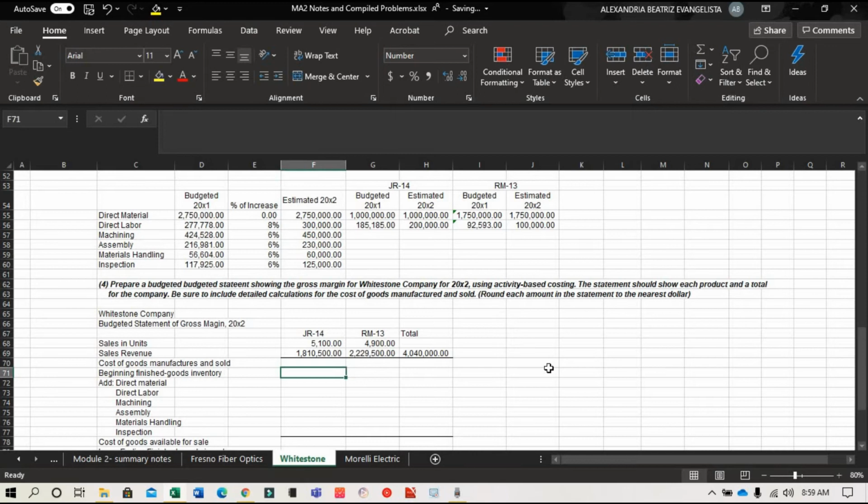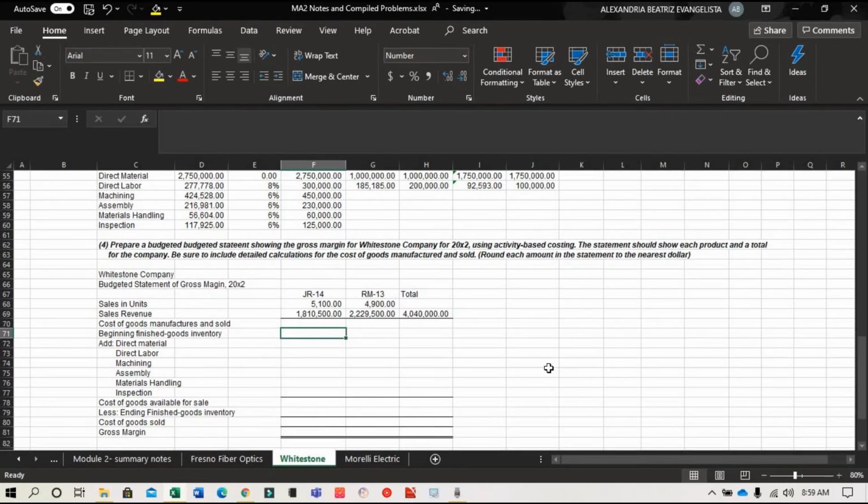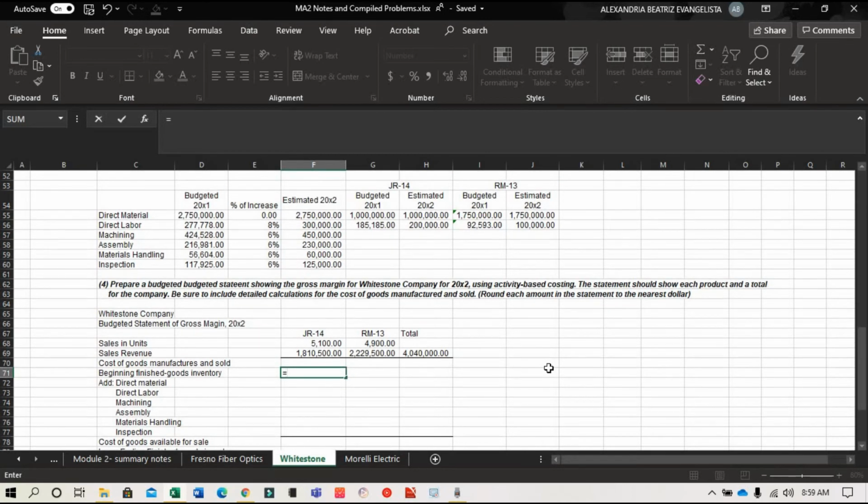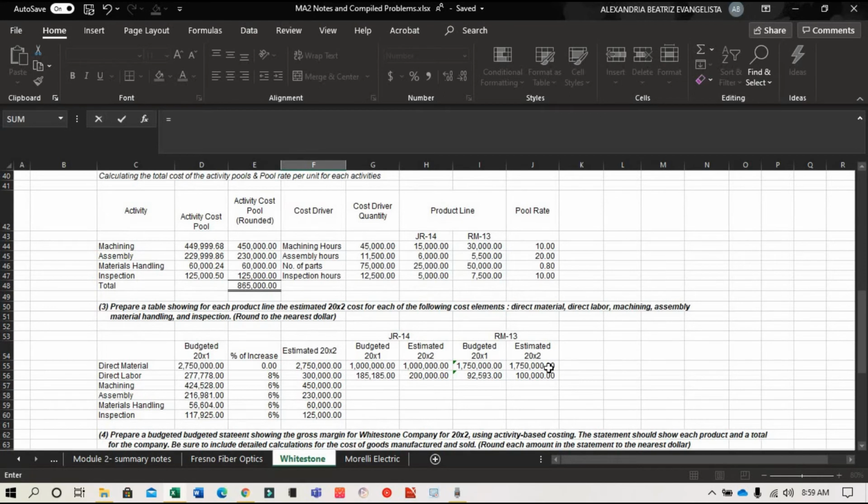Now let's compute for the cost of goods manufactured and sold. For the beginning finished goods inventory, since the company is using the FIFO inventory method, the ending inventory that was budgeted in 20x1 would be our beginning inventory.